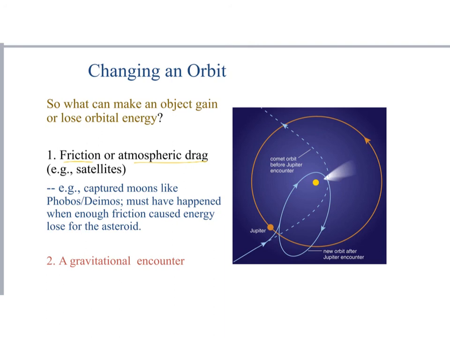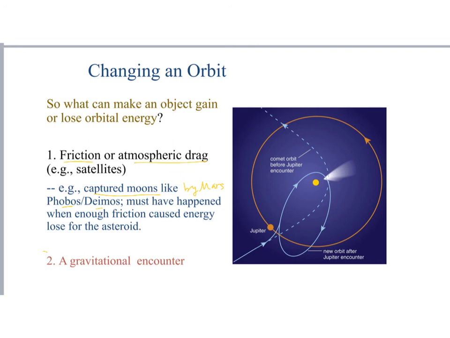Another example would be the captured moons of Mars. This is what we think happened with Phobos and Deimos. It must have happened when enough friction caused energy loss for some of the asteroids.